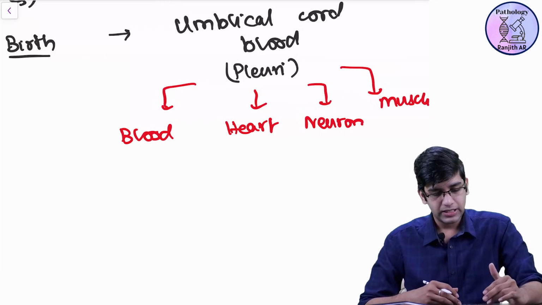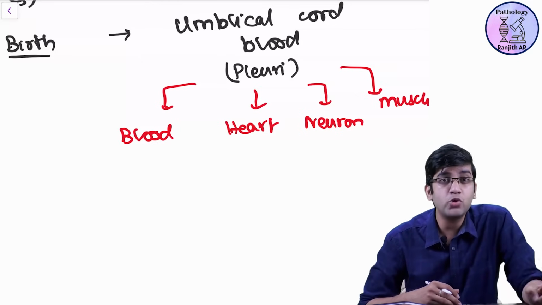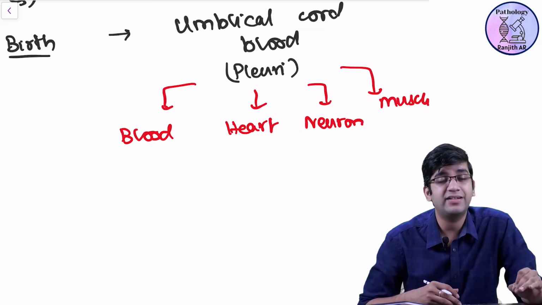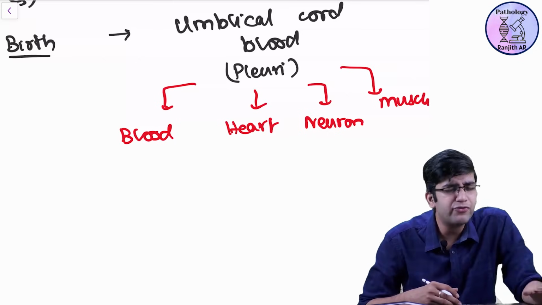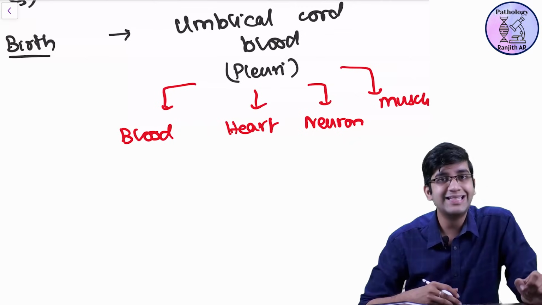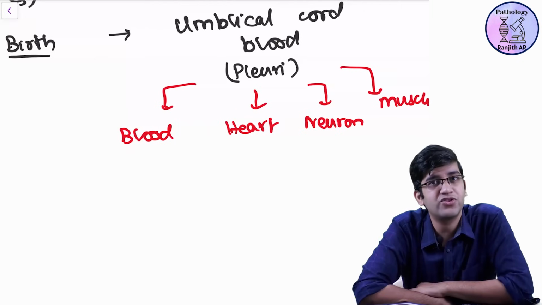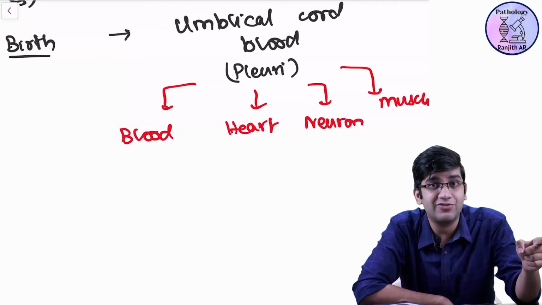So I'm saying that I'm going to store the umbilical cord blood of a newborn baby. The most important thing is to maintain the temperature. I have to store it perfectly. So let's assume, just an assumption, this kid has a heart attack at 70 years of age. So I'm going to say, take the cells which we have stored.